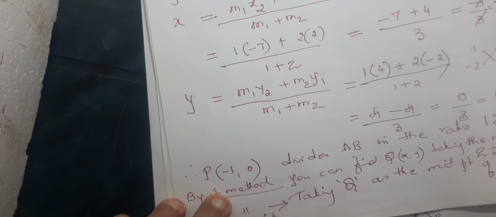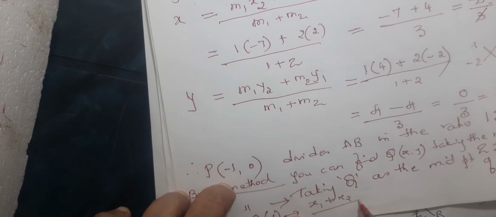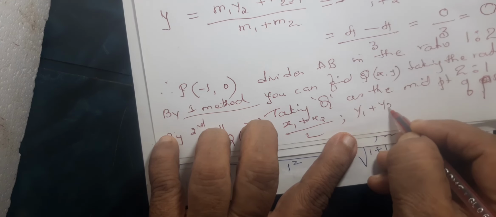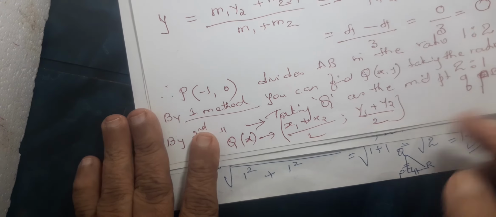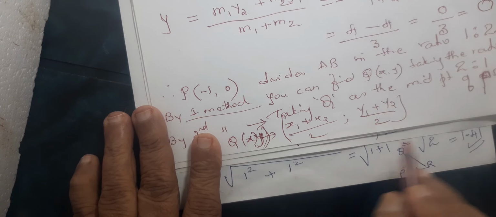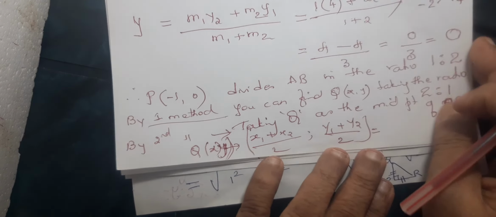I will find X, how? By the formula x1 plus x2 by 2 and y1 plus y2 by 2. I'll use that formula now. So Q's coordinates X, Y will be equal to, I will do here only, so that it will be easy.